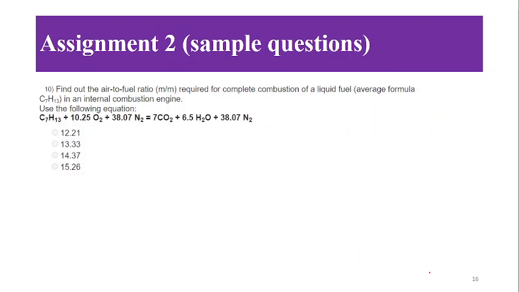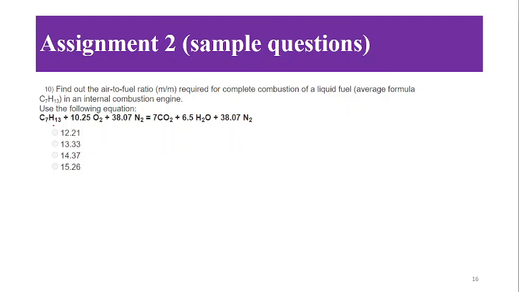So next question is question 10. Find out the air to fuel ratio, mass by mass, required for complete combustion of a liquid fuel. The average formula is C7H13 in an internal combustion engine. Here the equation is also given.